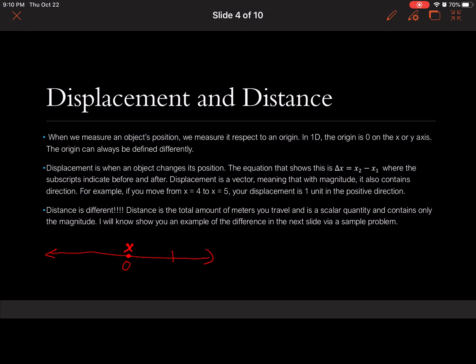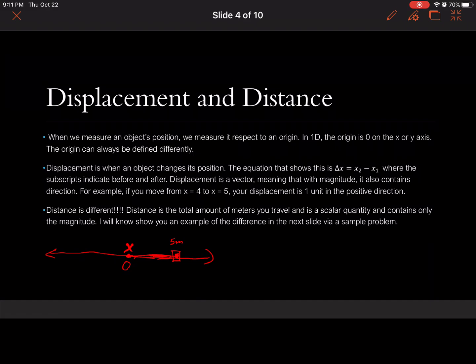And let's say my book is 5 meters away from it. So you're describing the book's position relative to the origin. And 5 meters here is the object's position, and usually you use a unit of distance to describe this, like meters, inches, centimeters, or kilometers. For now, we're going to stick to meters.